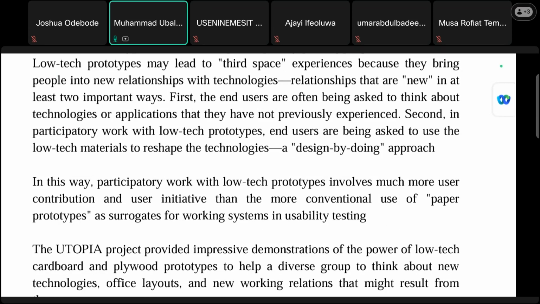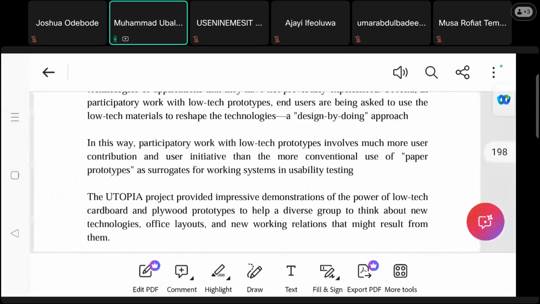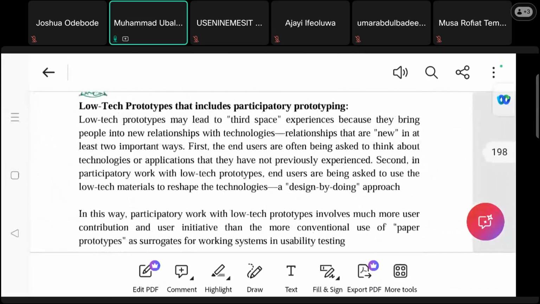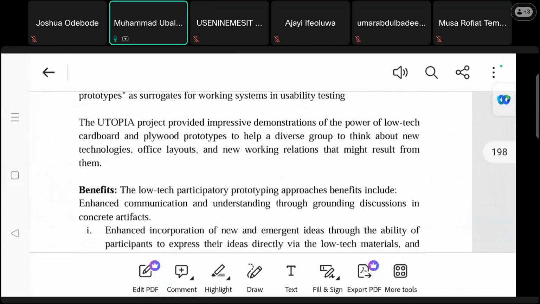And also, given the opportunity, it encourages users' creativity, and it supports what they call design by doing. Okay, design by doing approach. So what this is talking about is that users are actually given the autonomy to use low-tech materials to reshape the technologies that they aspire to produce.